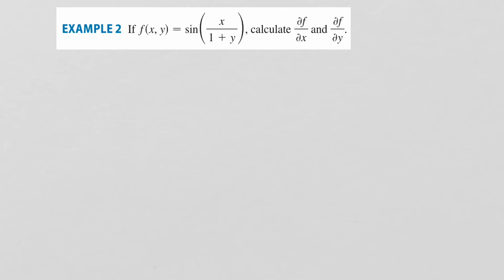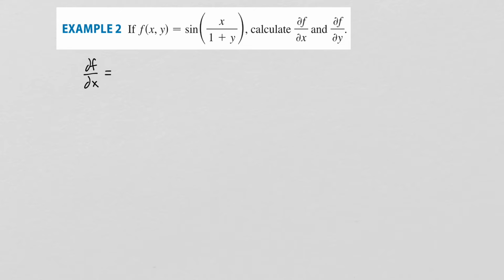Next example, f of x, y here is sine of x divided by 1 plus y, and we want to find, again, both partial derivatives. So the partial derivative of f with respect to x, what you do is you just regard y as a constant and x as the variable, and just ask yourself, how would you take the derivative of sine of some variable function?